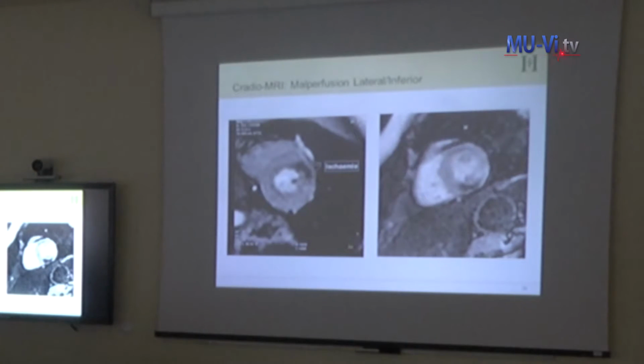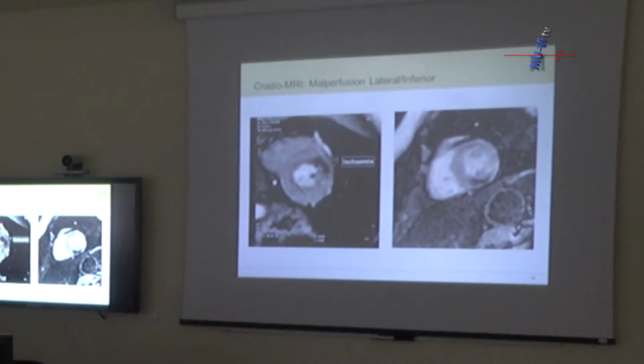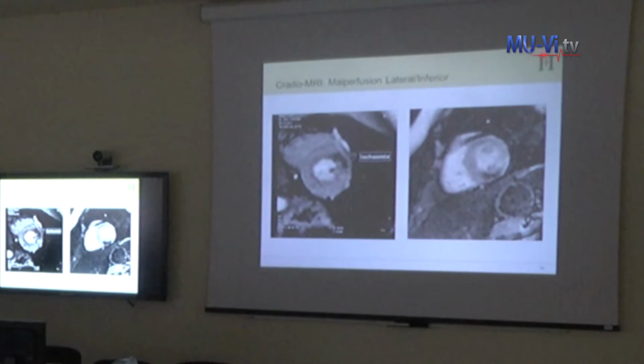There is a special sequence we use, and we give a special medicine. It's called adenosine. Adenosine is a medicine which makes the coronary arteries wide, which makes the pulse fast, and which makes stress. And we want to see what happens in stress.